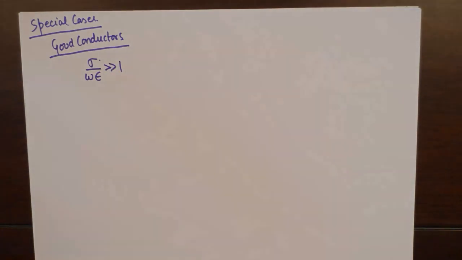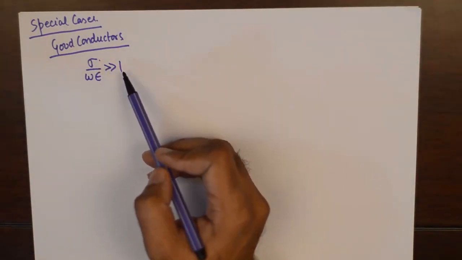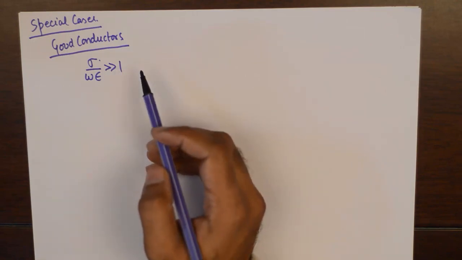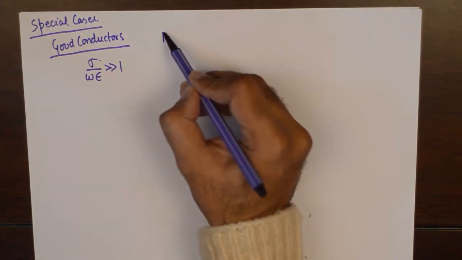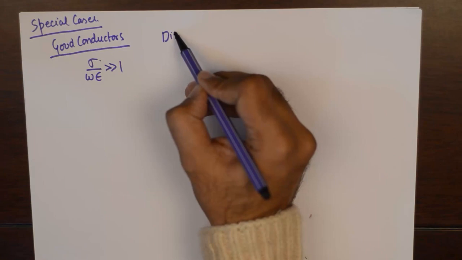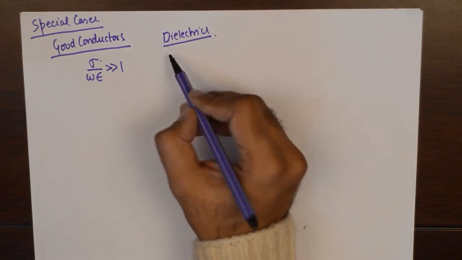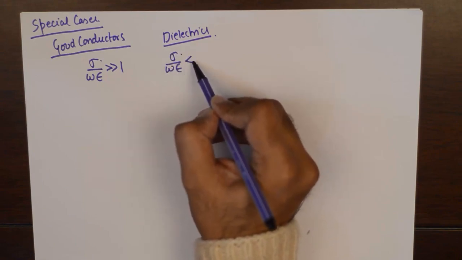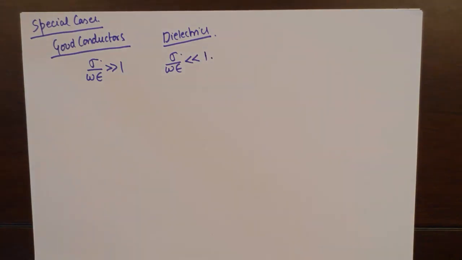The first approximation is that for good conductors the value of sigma upon omega epsilon is going to be way too large as compared to 1. And for good dielectrics, the value of sigma upon omega epsilon can be taken as way less than 1.